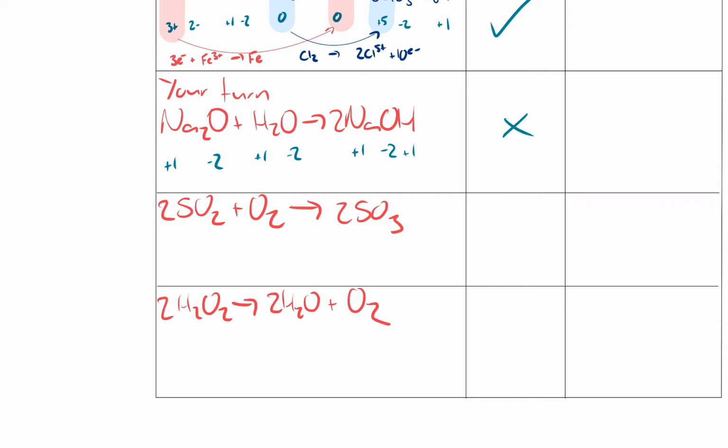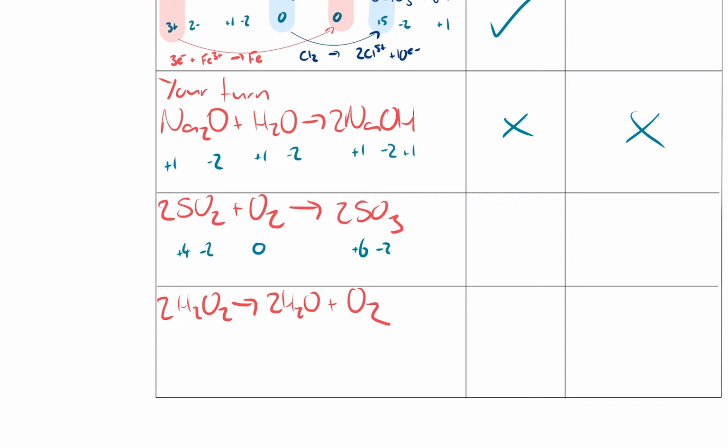So it's neither redox or disproportionation, right? Next, here, the oxygen is -2. We've got 2 lots of those, so the sulfur is +4. Oxygen's in its elemental state here, so it's 0. On the right hand side, again, the oxygen will be -2, and the sulfur will therefore be +6.